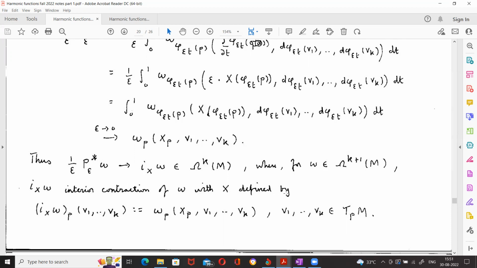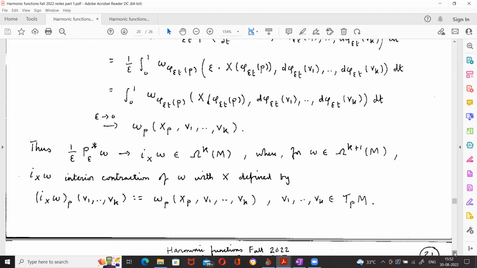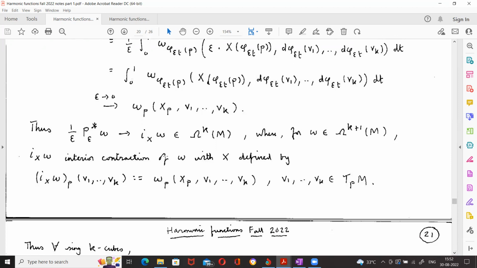It's defined as follows: I_x omega at p applied to v1 to vk is omega at p applied to x at p in the first slot, and then v1 to vk in the remaining k slots. So from a k plus 1 form, I get a k form. So this is the interior contraction, which I can think of as coming from an infinitesimal homotopy in the direction of x.